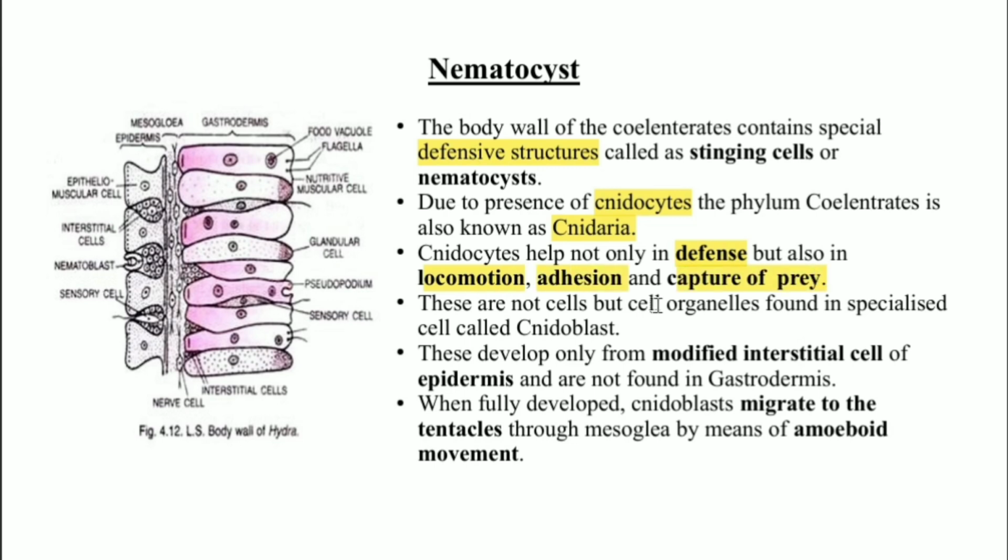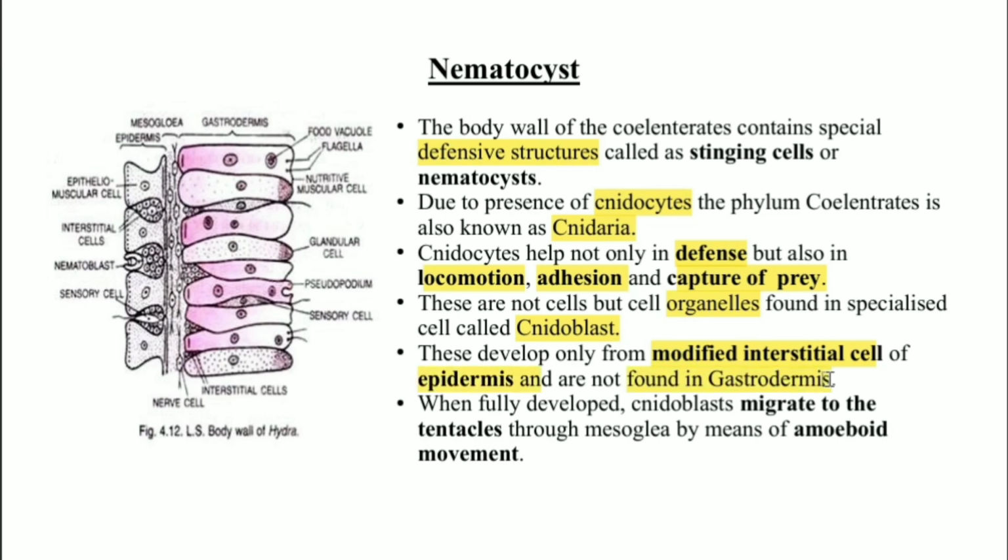As I told you earlier, these are organelles, not actually cells. They are organelles which are present in the cnidoblast. They are modified from the interstitial cells of the epidermis. They are not found in gastrodermis.